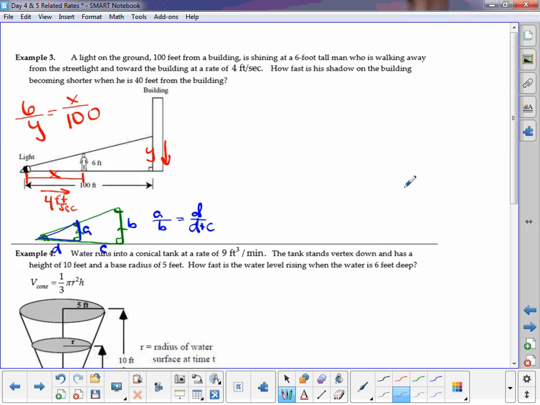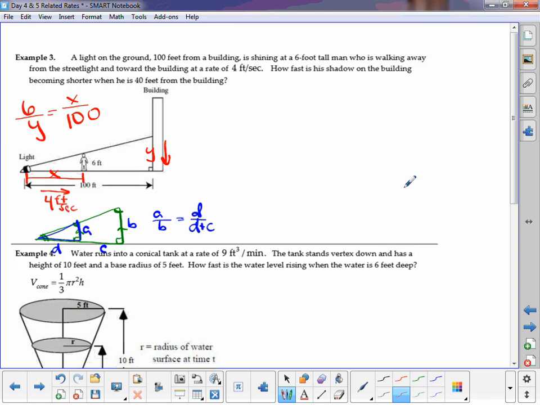But again, I went small to big, 6 to y, x to 100. So knowing that they're similar triangles is what lets me set up this equation here. Questions with that? So you don't ever have to prove by angle similarity postulate that the triangles are similar. You did your time with that in geometry. We just simply need to know, hey, similar triangles, I can set up that proportion.